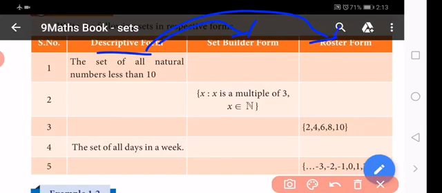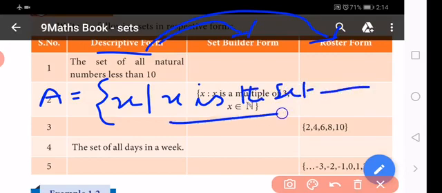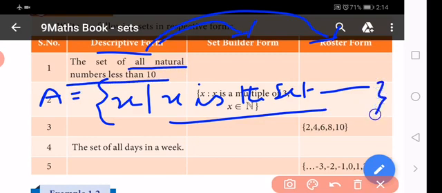So first we write the set builder form. We give the set name A equal to, first we use set notation, for all x such that, then what is x? x is the set of all natural numbers less than 10.